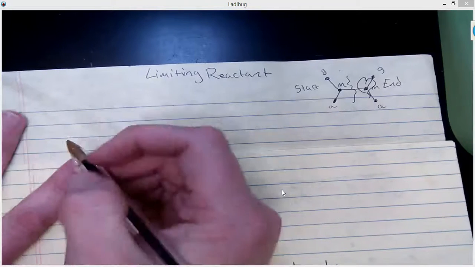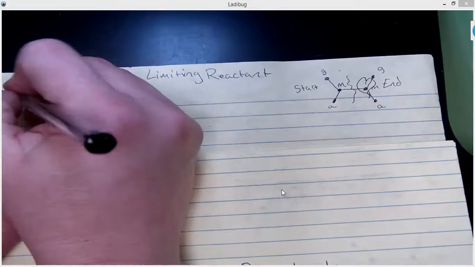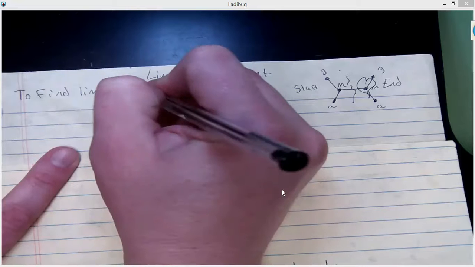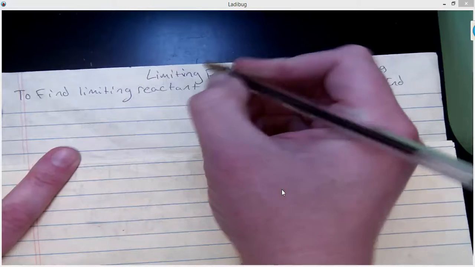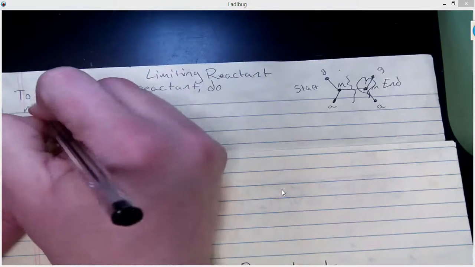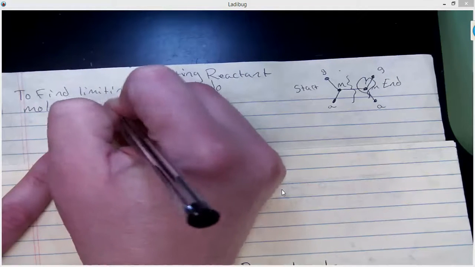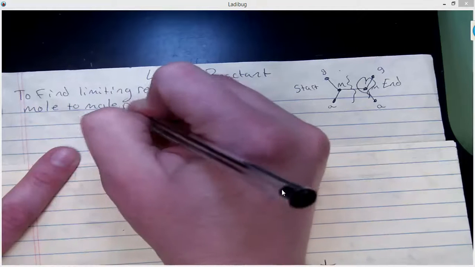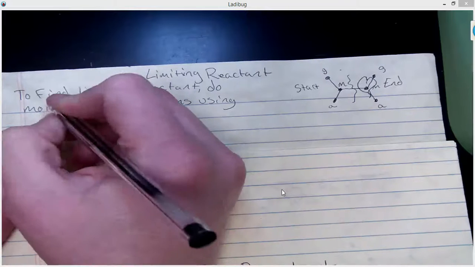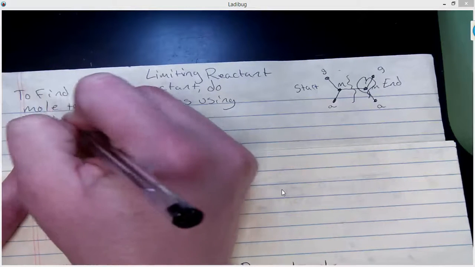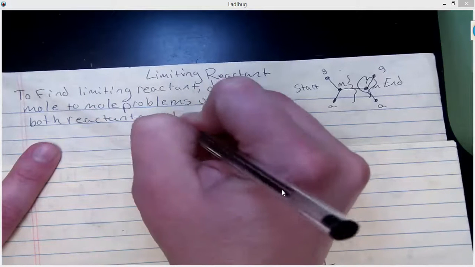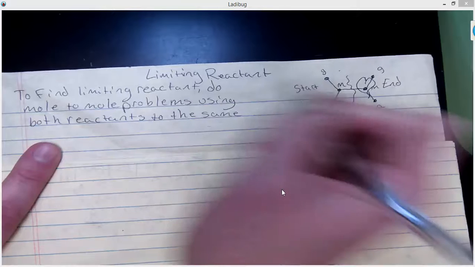Okay, so to find the limiting reagent or reactant, you're going to do mole to mole problems using both reactants to the same product.